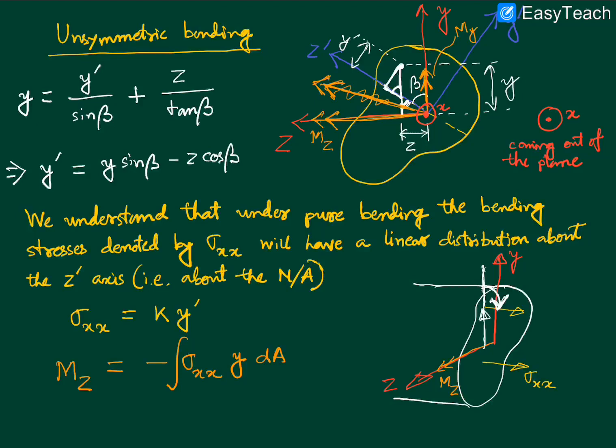Now let's see if we can write down the expression for my. So again, without caring about the sign convention, let me first write it down in terms of the sigma xx. This time, since I want to denote the my, I have to use my z as the moment arm, and now I worry about the sign convention.